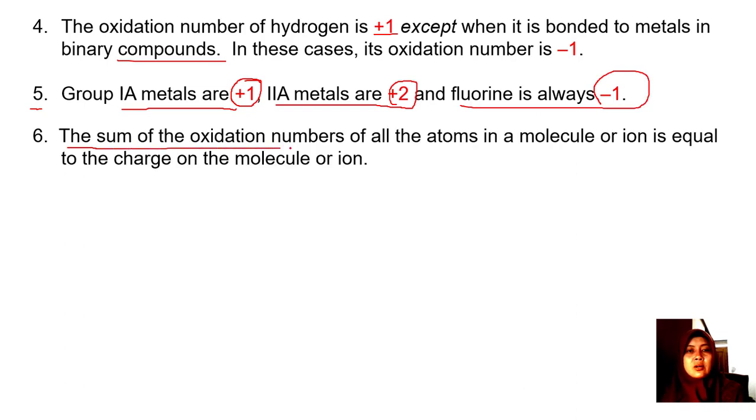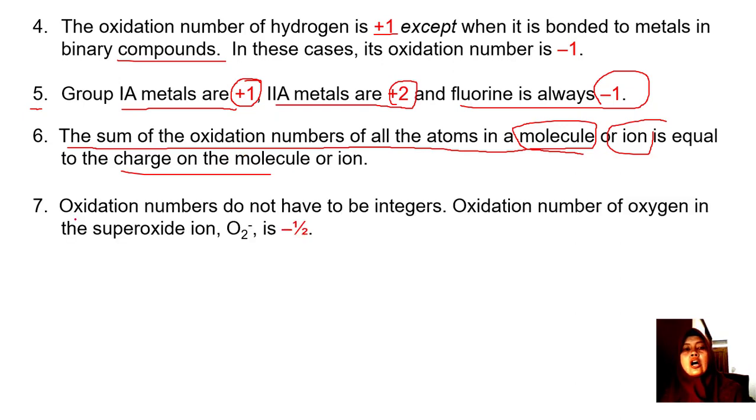To understand oxidation numbers, you have to understand that in each neutral molecule or ion, the total oxidation number of every element in the molecule or ion will be the same as the charge of the molecule or ion. Oxidation numbers do not have to be integers; the oxidation number of oxygen in the superoxide ion is -1/2.